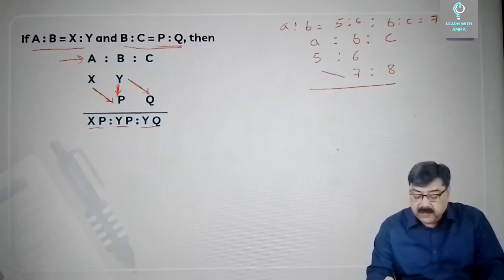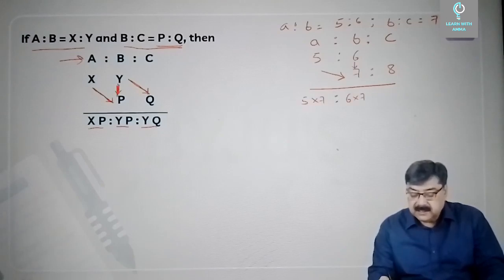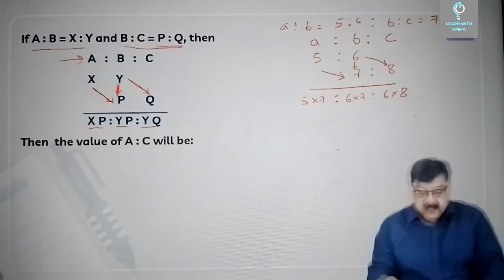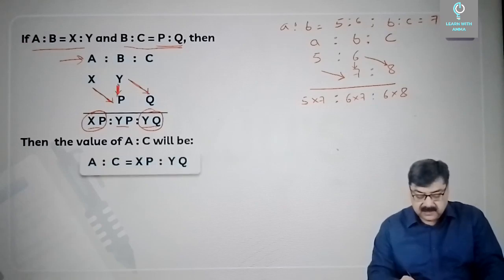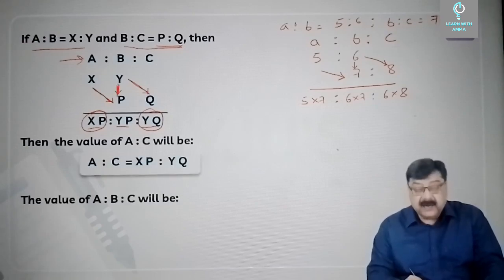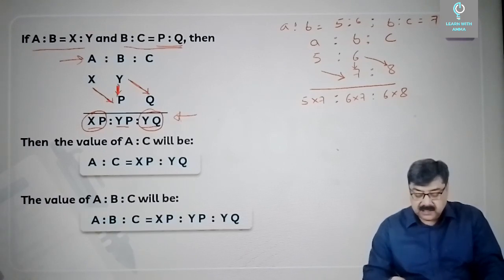The first term below A will be 5 into 7. The next term below B is 6 into 7. And the third term below C is 6 into 8. So the value of A is to C is going to be XP is to YQ, as we can see here. And the value of A is to B is to C is already known, that is XP is to YP is to YQ.